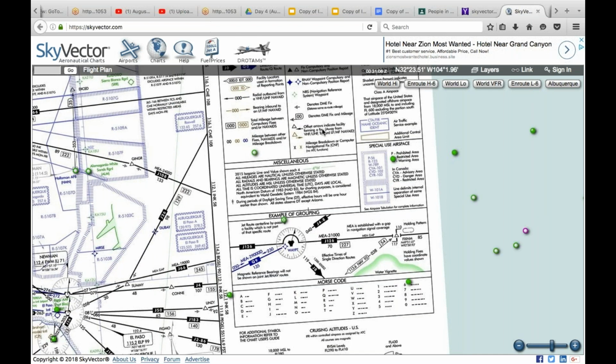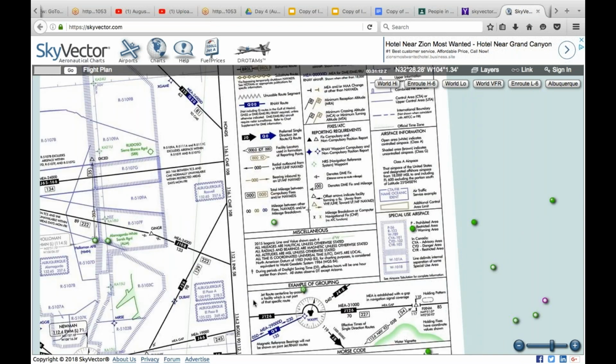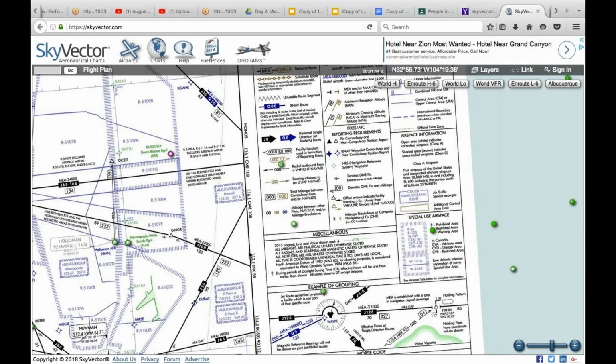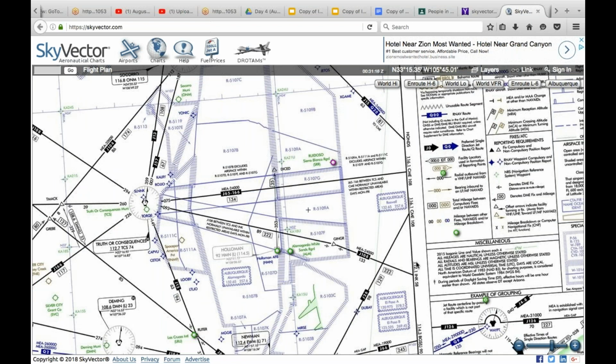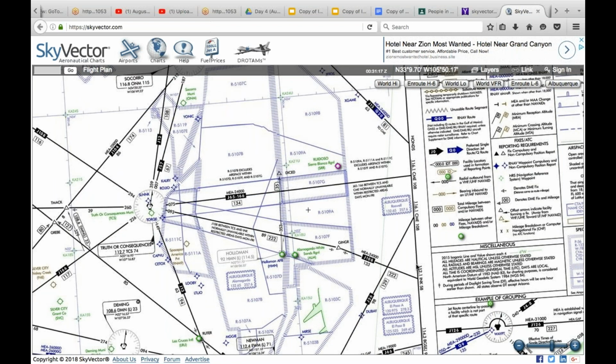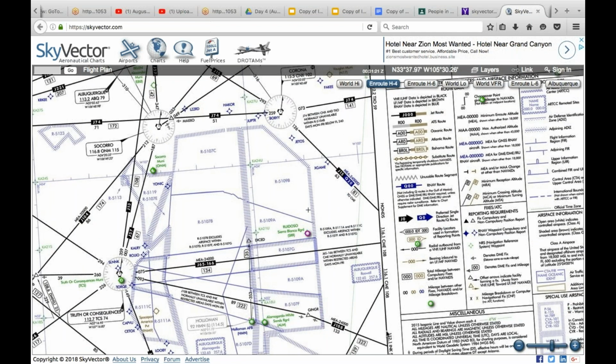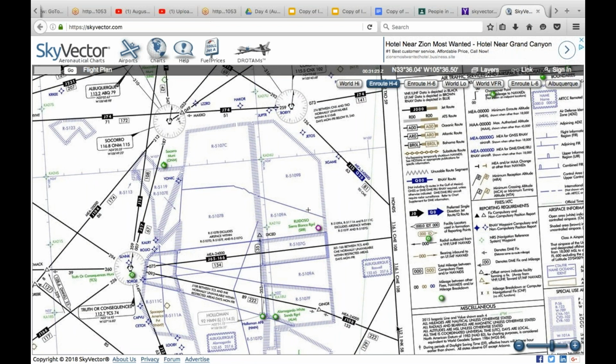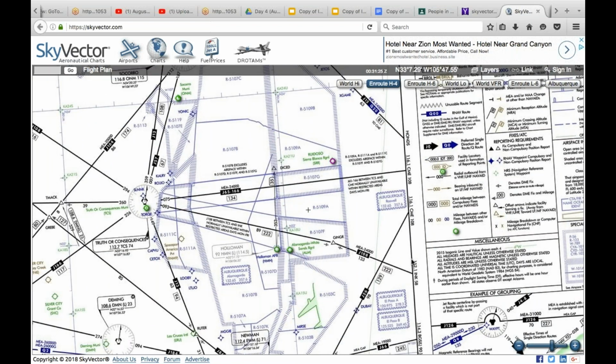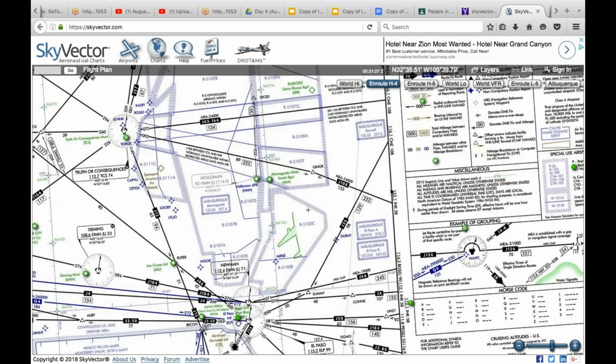But I'm going to give you guys a video to watch on using these maps. I'll give you a couple videos on how we use these maps. But we'll review this before we go into the practical section.